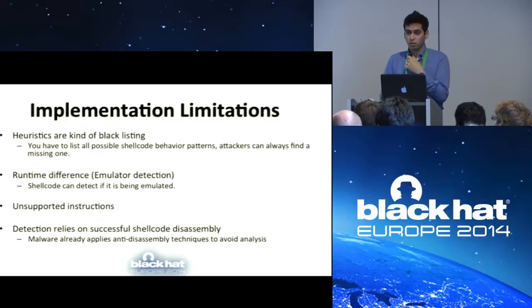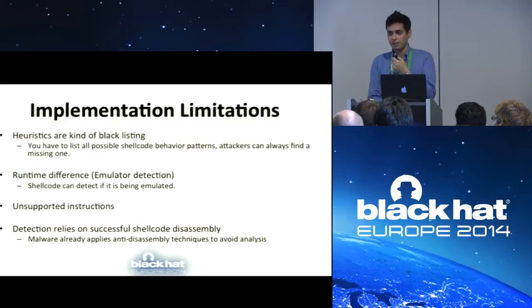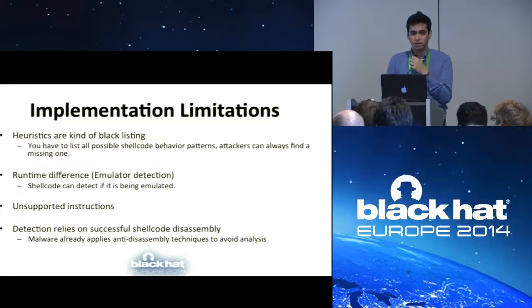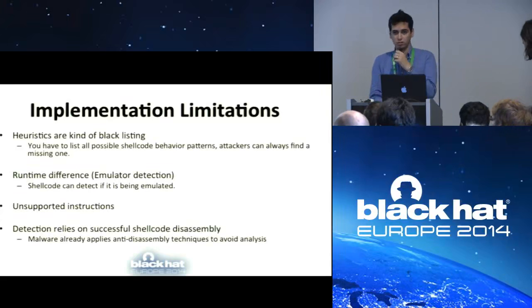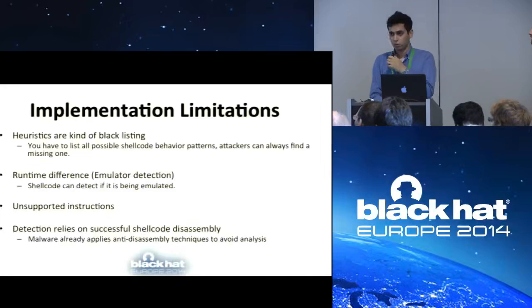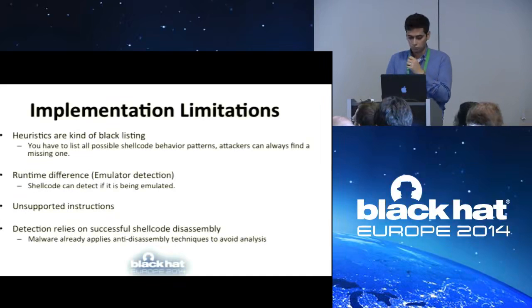Well, instruction sets get updated from time to time, and if you don't maintain it, then you can't execute those instructions. And if the attacker uses that instruction, then as a result, you can't, for example, decode the target polymorphic shellcode, and then you will fail to detect the shellcode.